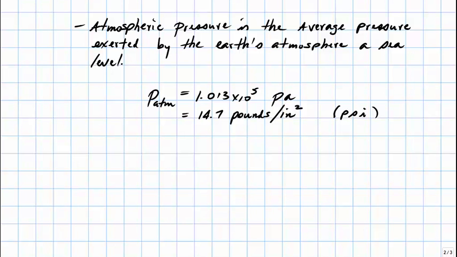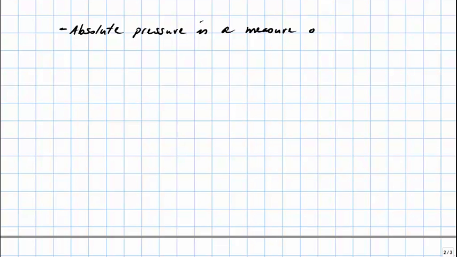We will now introduce the definitions of absolute pressure and gauge pressure. Absolute pressure is a measure of the total pressure that is present at a specific location.